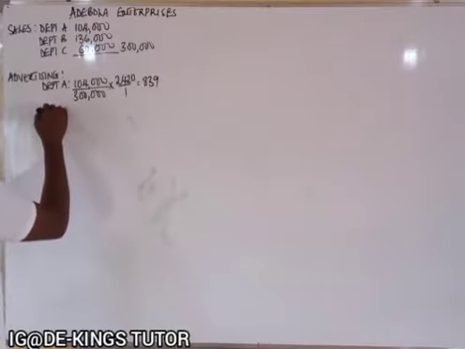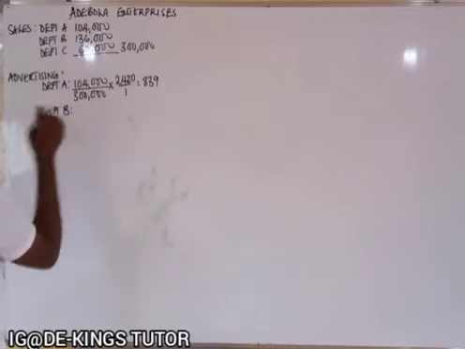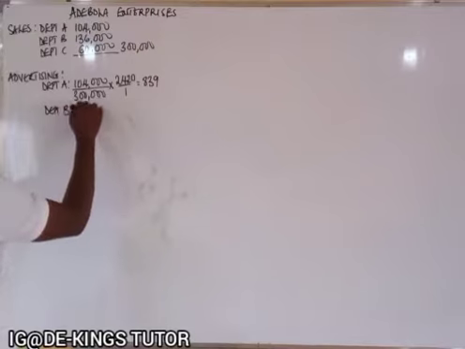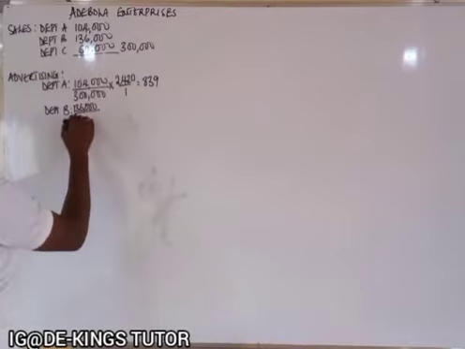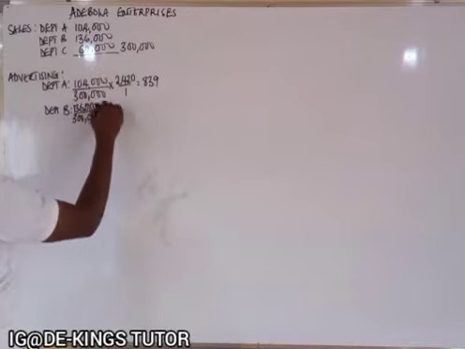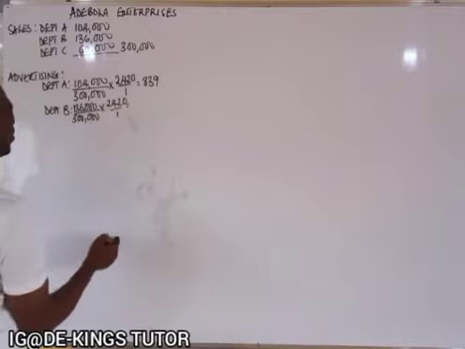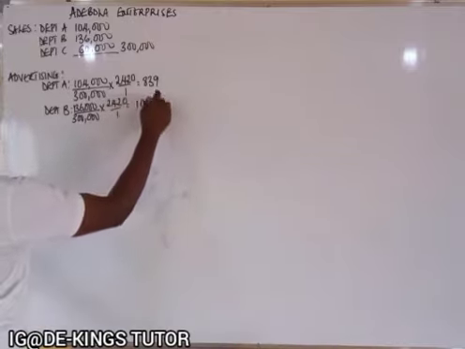Now another, we have Department B. Department B will be 136,000 divided by the whole total, which is 300,000, times 2,420 over 1. If we do that, it will give us 1,097.